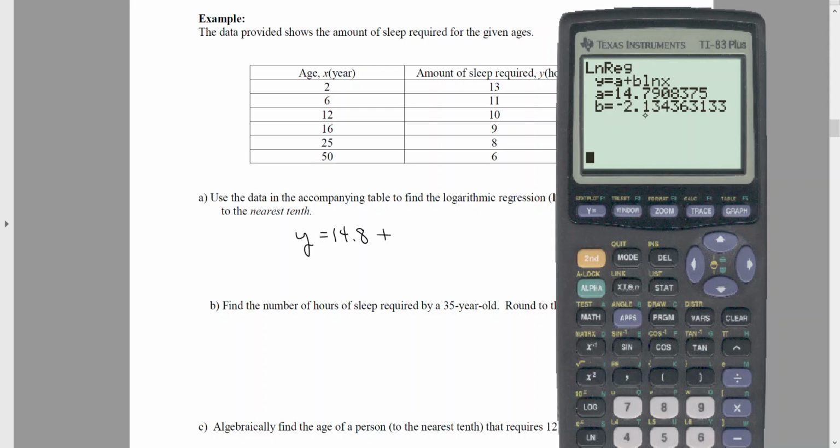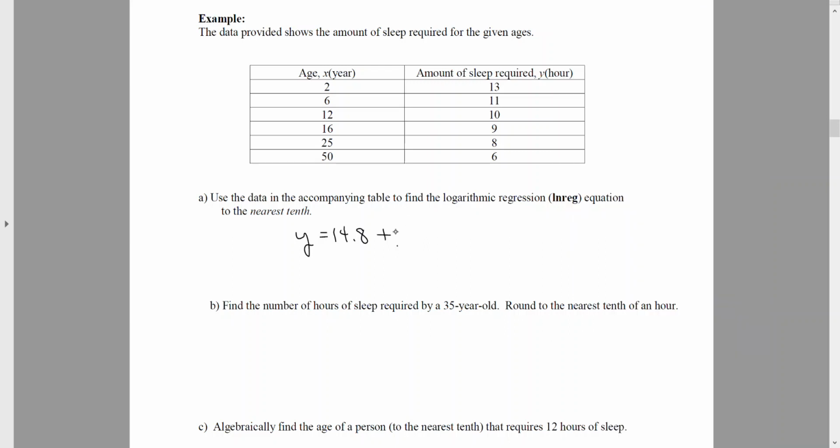Your tenths place is 1 decimal place. So minus 2.1 natural log of x. Or a better way to write that is y equals 14.8 minus 2.1 natural log of x.